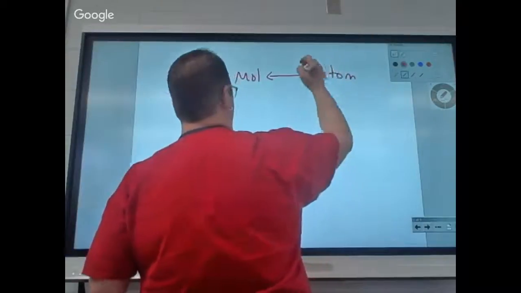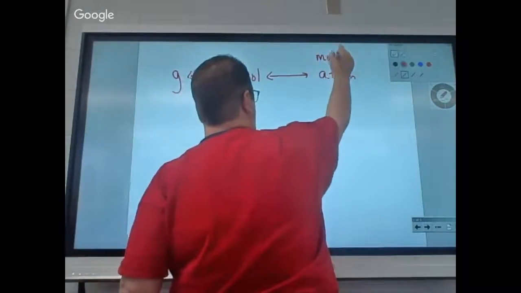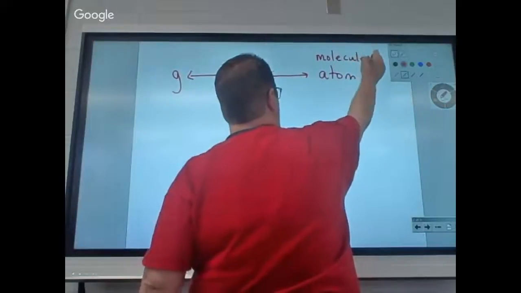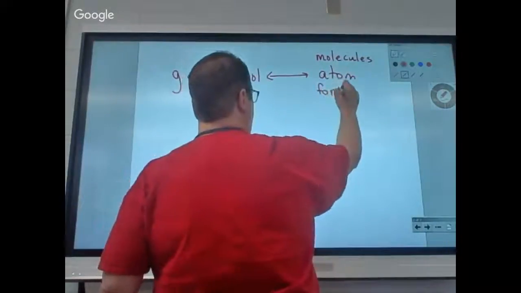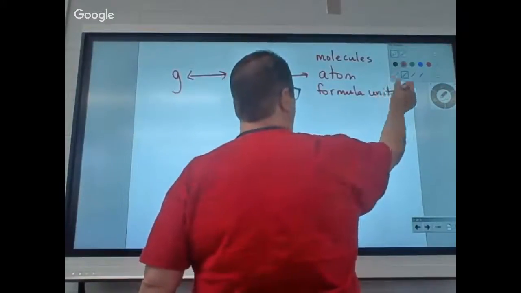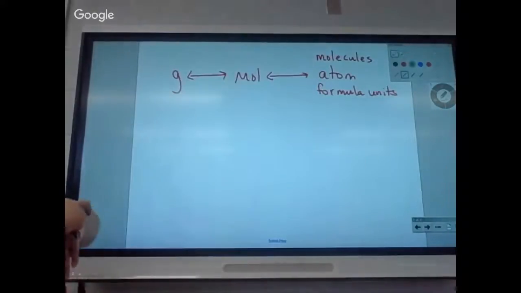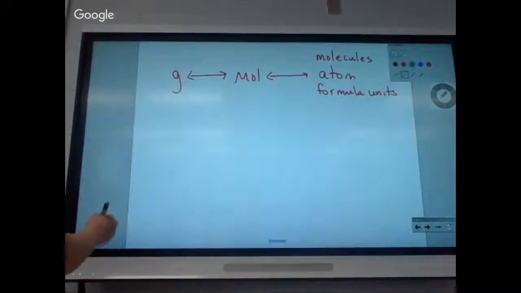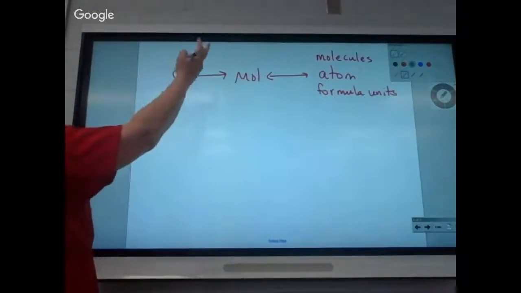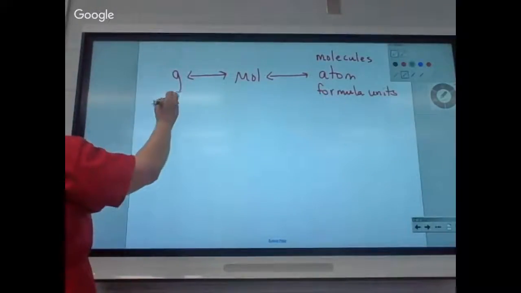We can change from grams to moles to atoms. Atoms, molecules, and formula units are all down here. Anytime you write grams in a chart, what goes beside grams? The mass. And the mass always comes from where?